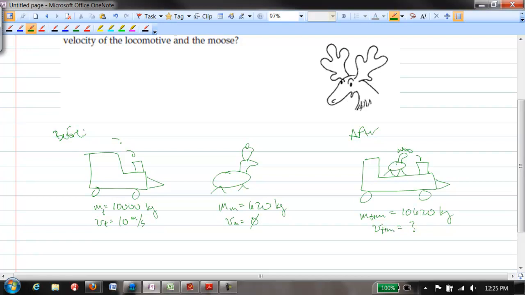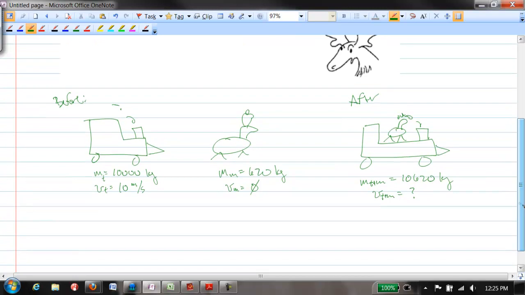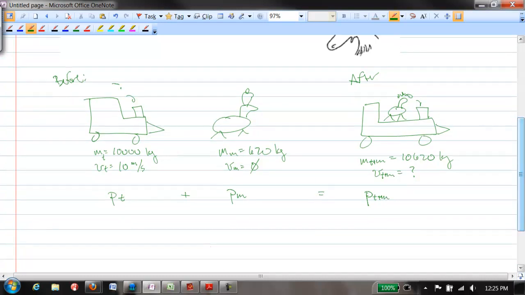So if we think about the moose train system, no external impulse has acted on the moose train system. So whatever the momentum of the moose train system was before the collision, the momentum of the moose train system must be after the collision. So the momentum of the train plus the momentum of the moose before equals the momentum of the train plus moose afterwards.